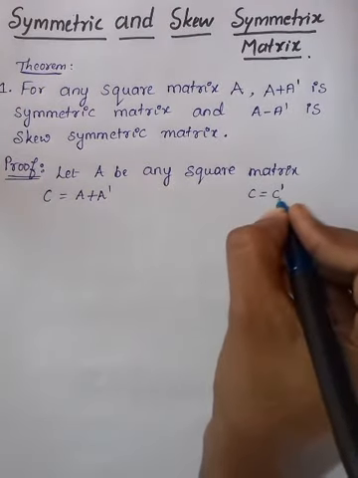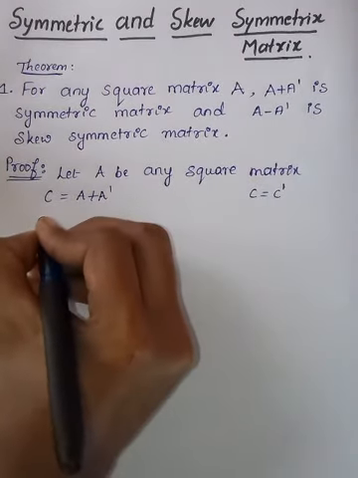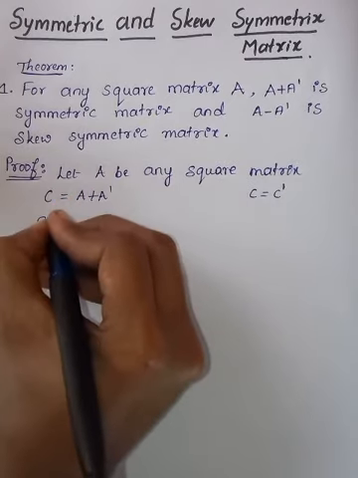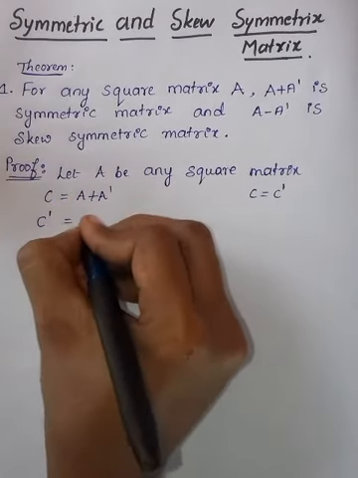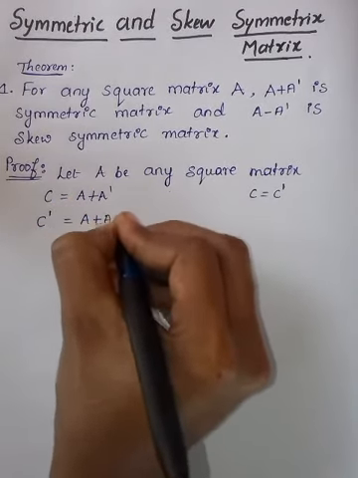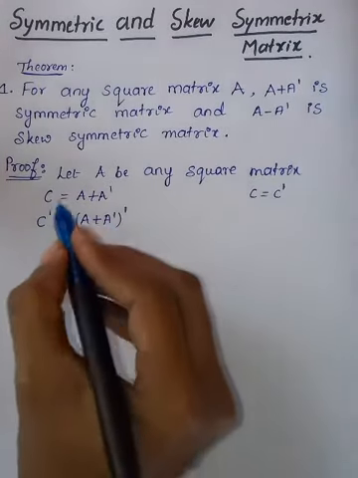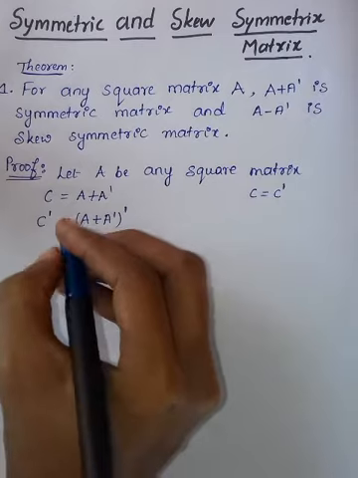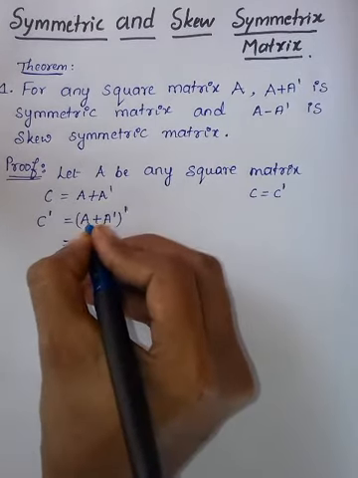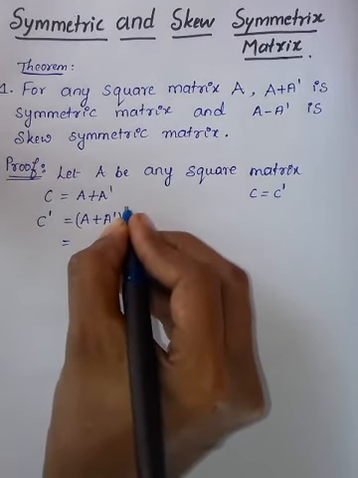To show this, take the transpose of this matrix. C transpose is equal to A plus A transpose whole transpose.